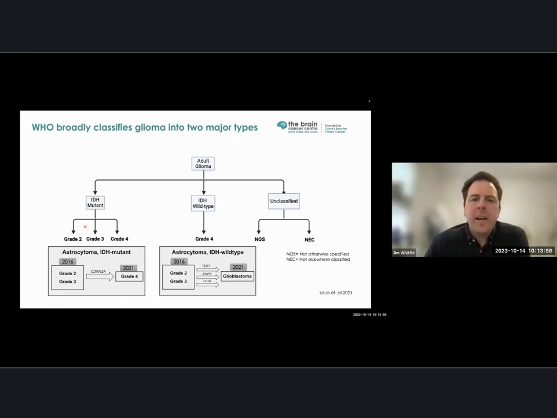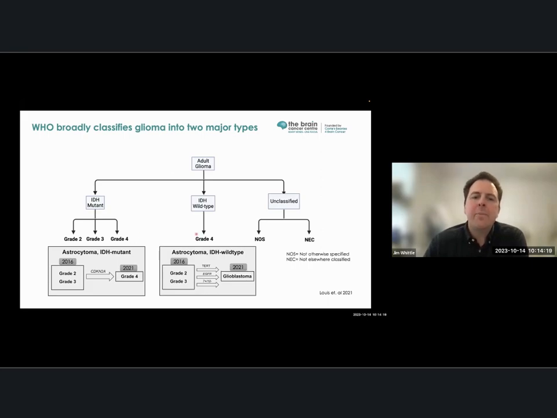And the main update that has occurred since the 2016 classification system for the IDH mutant gliomas is the introduction of CDKN2A homozygous loss, which will upgrade a grade 2 to 3 to a grade 4 lesion, and essentially recommendations for treatment of this as per a GBM.